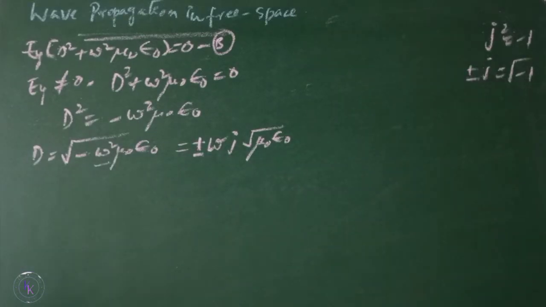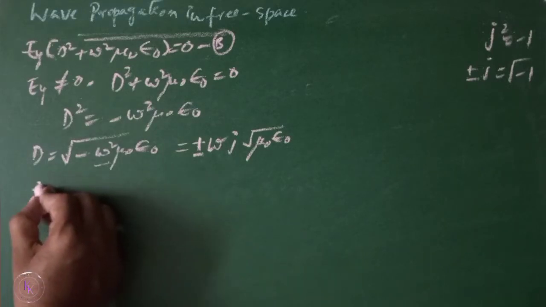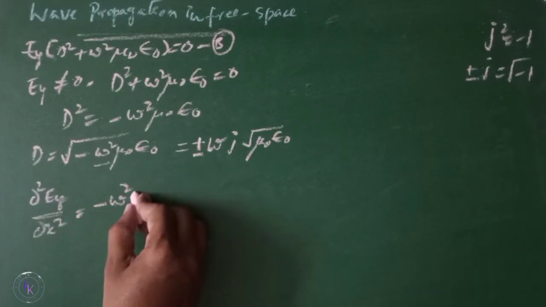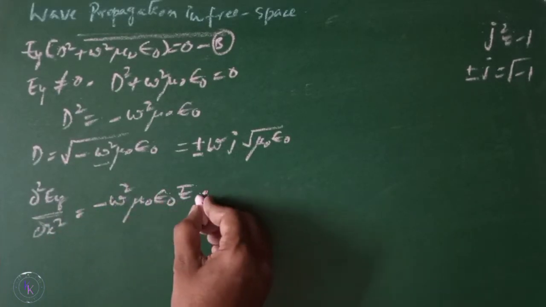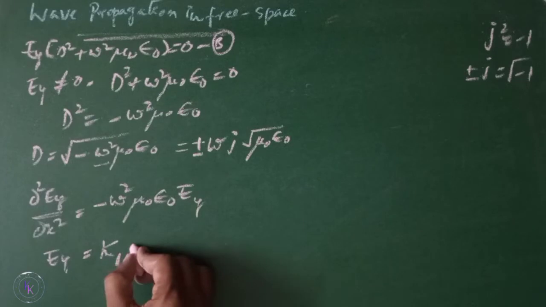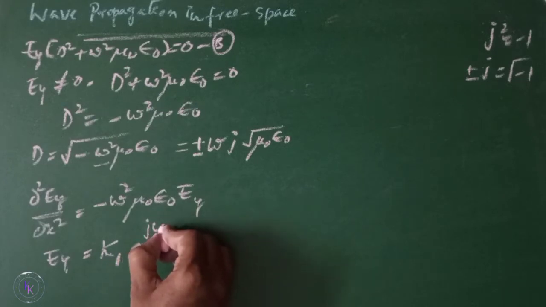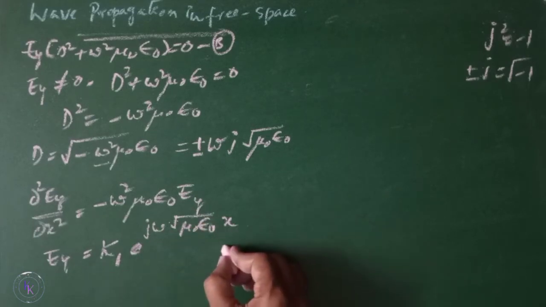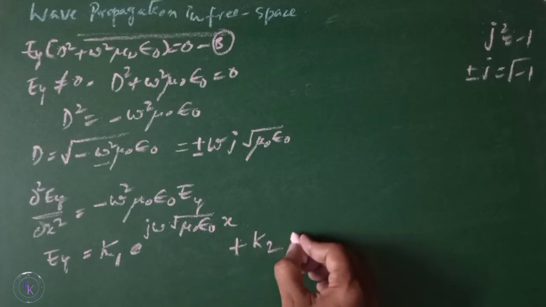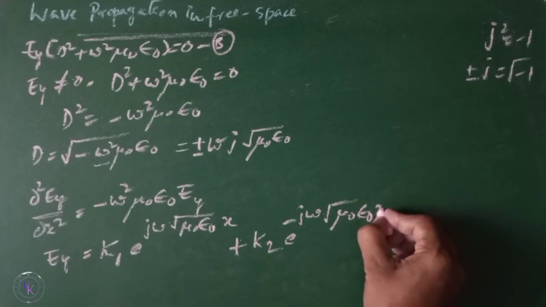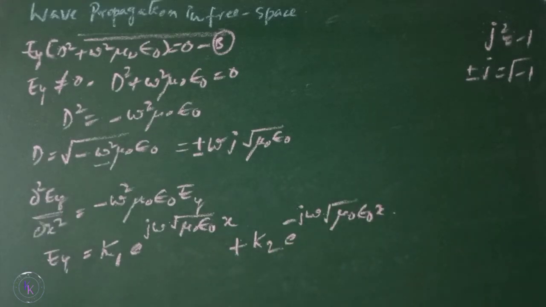And the solution for this partial differential equation, ∂²Ey/∂x² equals minus omega squared mu naught epsilon naught Ey, takes the form Ey equals k1 e to the power of j omega root(mu naught epsilon naught) x plus k2 e to the power of minus j omega root(mu naught epsilon naught) x, where k1, k2 are constants with respect to x, but they may be functions of t.